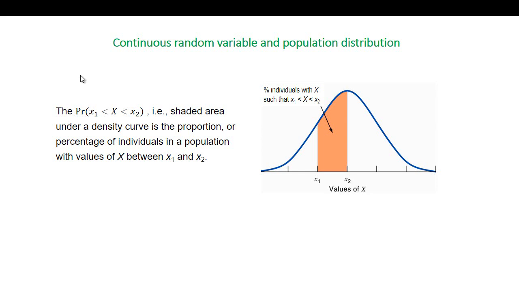Then the shaded area here, which is the probability that x is between x1 and x2, means the proportion or percentage of individuals in the population for whom the height is between x1 and x2. So again, the shaded area is the percentage of individuals in the population having a height between x1 and x2.